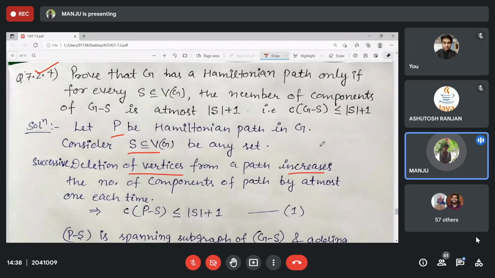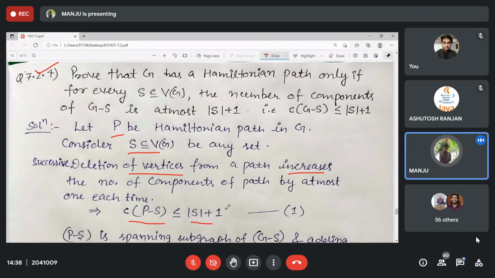First vertex deleted, it may keep the same number of components, that is, it may stay connected if you are deleting the end vertices, and if deleting from the middle then it increases, right? First vertex, then second vertex deleted, same thing. So successively if we delete the vertices, it is increasing the number of components of this path by at most one each time. And how many vertices are we removing? That many, so the number of components is at most that number plus one, right? By at most one.